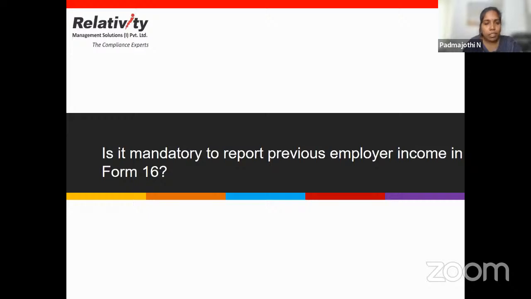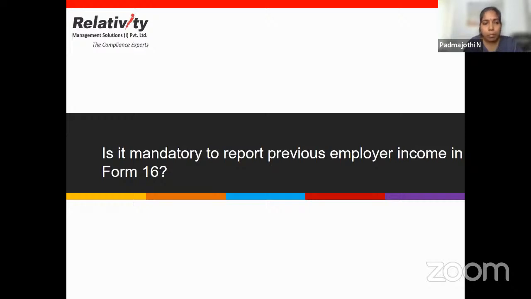We have to consider the previous employer income if the employee has provided that information to the employer, because at the end of the year, if the employee has moved from one company to another company, and if we don't plug in this income, while filing the returns he might have to pay some additional taxes. So it's better to consider the same.